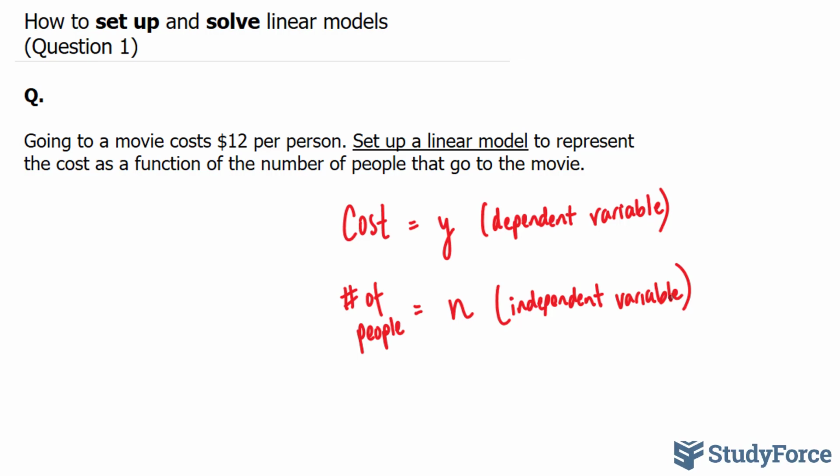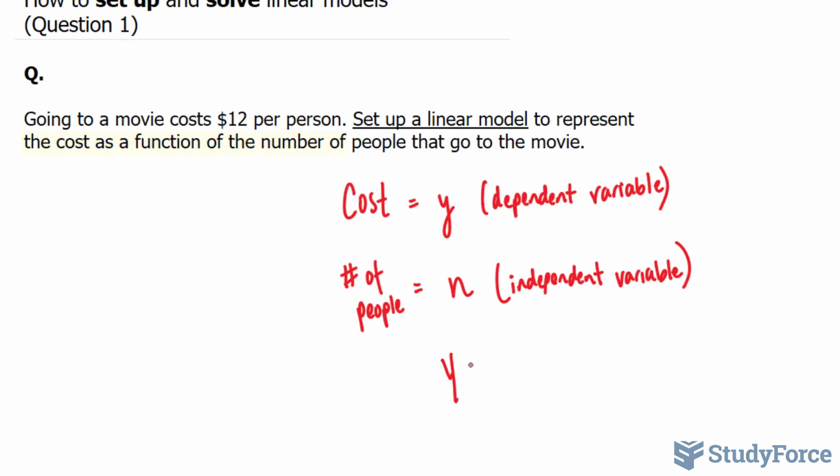You see? That being said, the cost is $12 per person. And the way we represent that is that the cost, which is represented by the letter y, is equal to $12 for every person. So we would write down 12 times n.